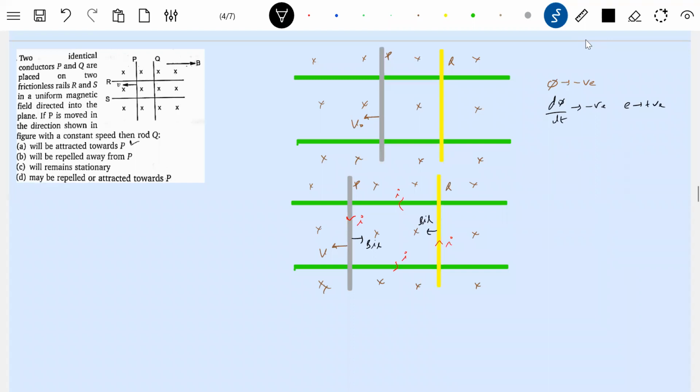Constant speed V. I'm going to move this with a constant speed. Then the BIL force will act on the rod Q. This force will make it accelerate. And because of acceleration, after some time it will start moving. So shall we say it will get attracted towards P.